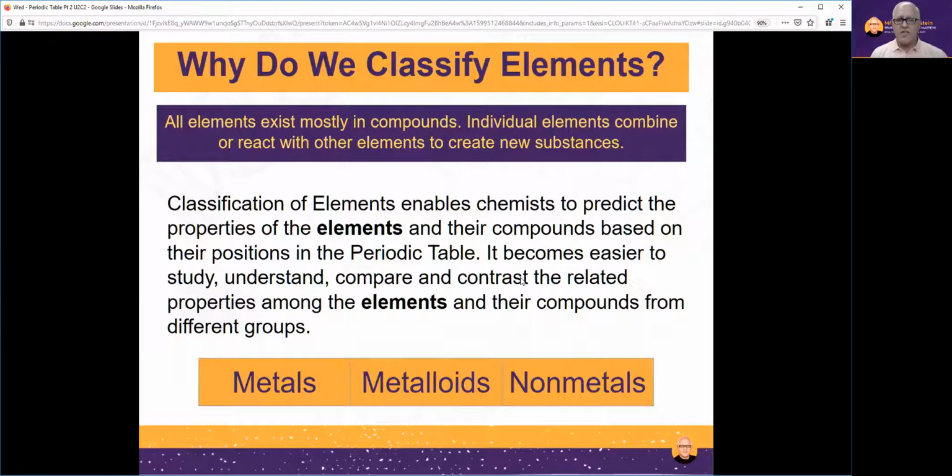Classification of elements enables chemists to predict the properties of the elements and their compounds based on their positions on the periodic table. And it becomes easier to study, understand, and compare and contrast the related properties among the elements in their compounds from different groups when you can identify whether they are metals, metalloids, or nonmetals.